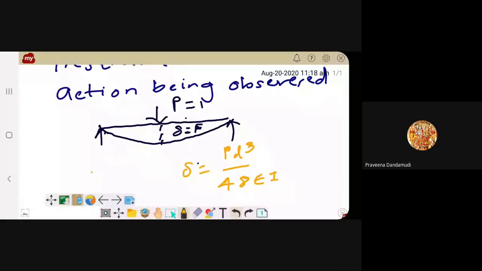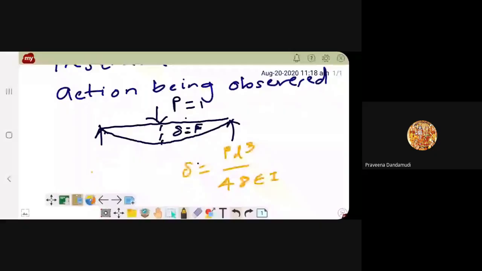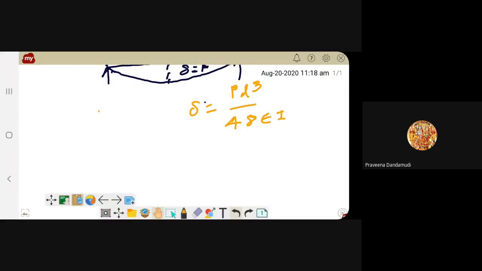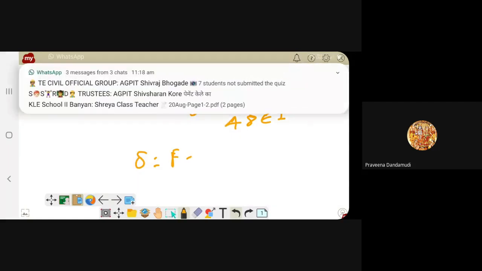Maximum deflection, which is... for finding out delta, you need to consider this particular load. Here P is unity, P is unity, already given. So delta, here I am considering delta is equal to F, the flexibility coefficient.